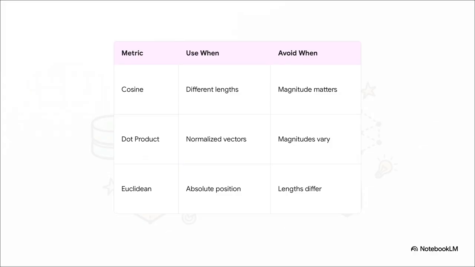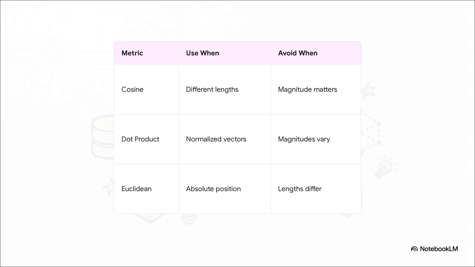When you're measuring similarity in this space, you generally have 3 main metrics: cosine similarity, dot product, and Euclidean distance. Now, the huge takeaway here is that cosine similarity is going to be your default for about 90% of retrieval tasks. Instead of measuring the sheer physical distance between 2 points, it actually measures the angle between their vectors. And this is absolutely crucial because it completely ignores magnitude.